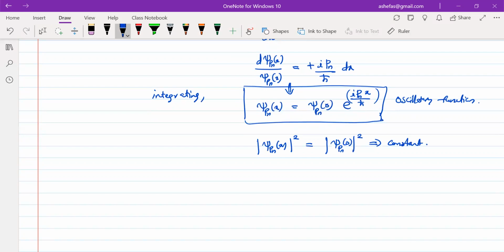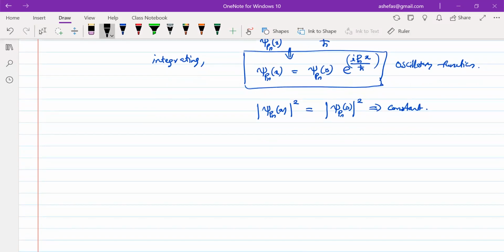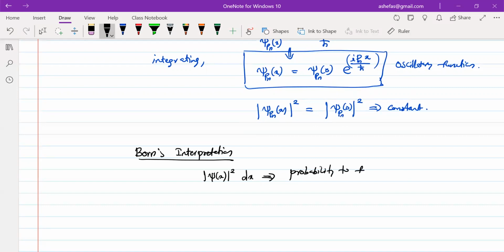Now, what's the meaning of the mod square of the wave function? For that, you can just recall the Born's interpretation. The Born's interpretation is mod psi of x square is called the probability density, and mod psi of x square times dx gives the probability to find the particle between x and x plus dx.